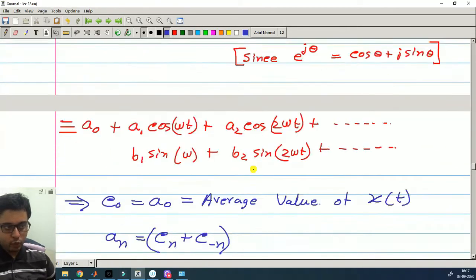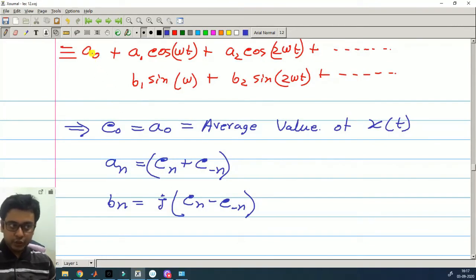However, if you really want to express a periodic signal as a sum of real valued cosine and sine signals like we did yesterday, and if you need to find the values of a1, a2, b1, b2, etc., often it is easier to actually find the complex Fourier coefficients Cn first, and then from the complex Fourier coefficients you can calculate the real Fourier coefficients an, bn, a0 using these rules.